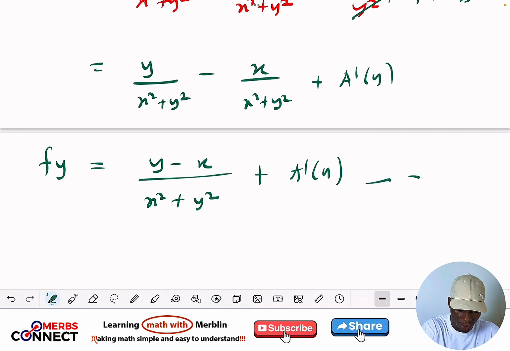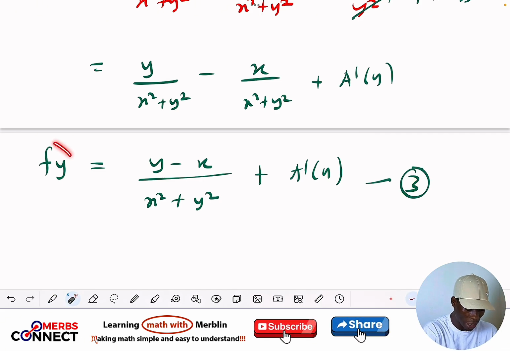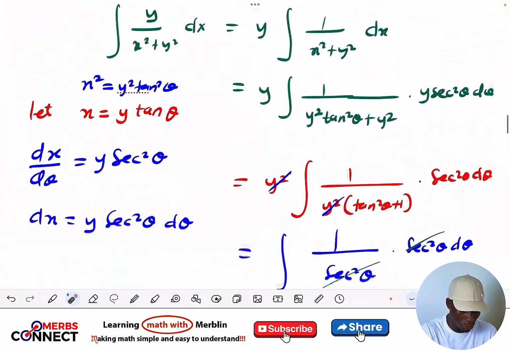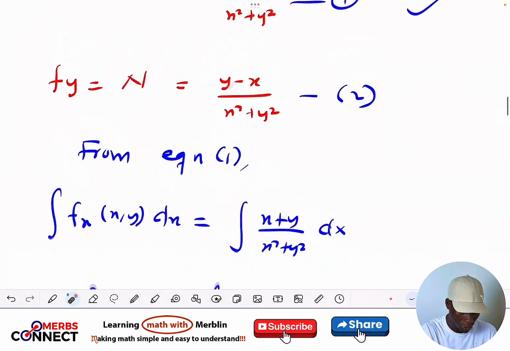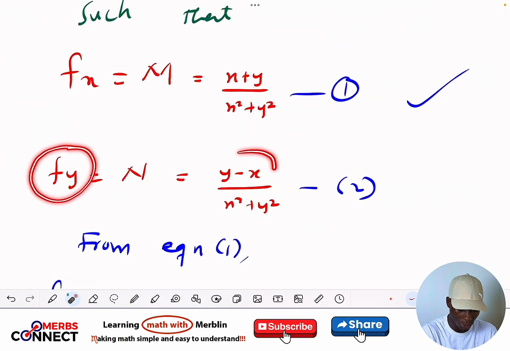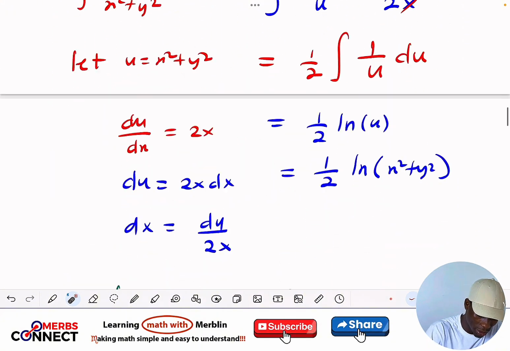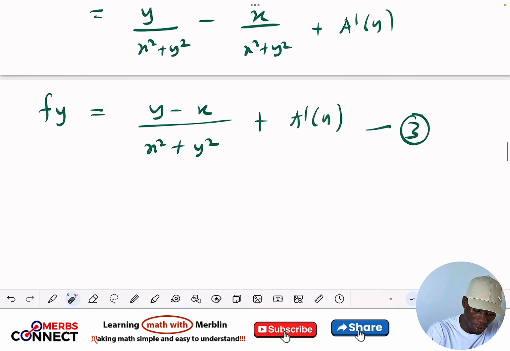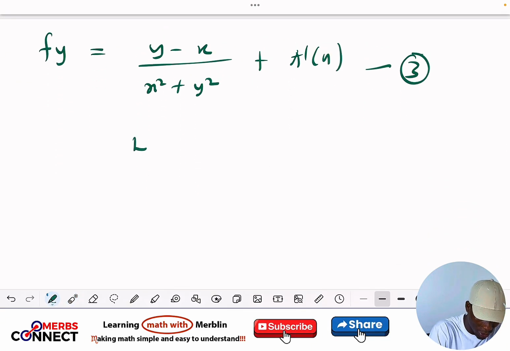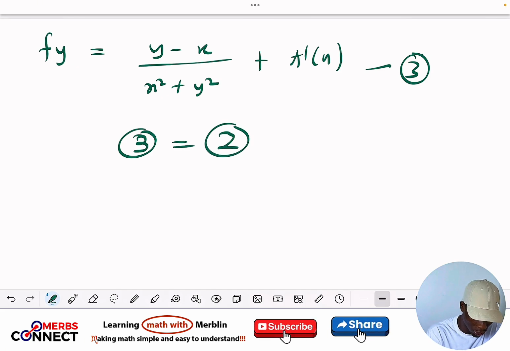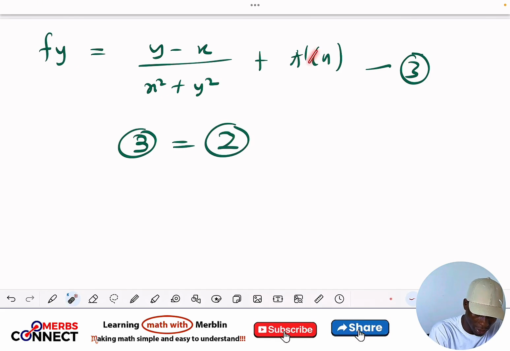Let me call this one equation 3. So we have f of y here, and from equation 2 we have f of y here, which is equal to this. So it means that equation 2 is the same as equation 3. So equate equation 2 and equation 3. So I'm going to have, remember this is equation 3, right?